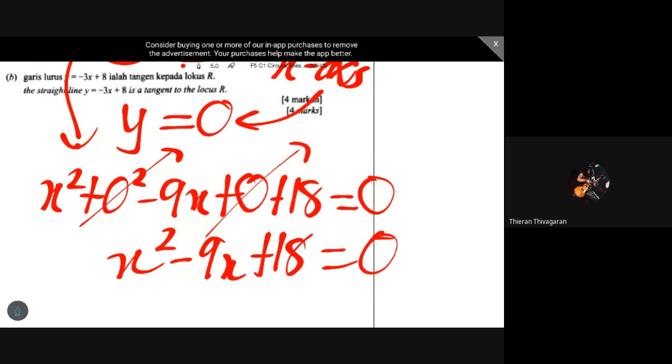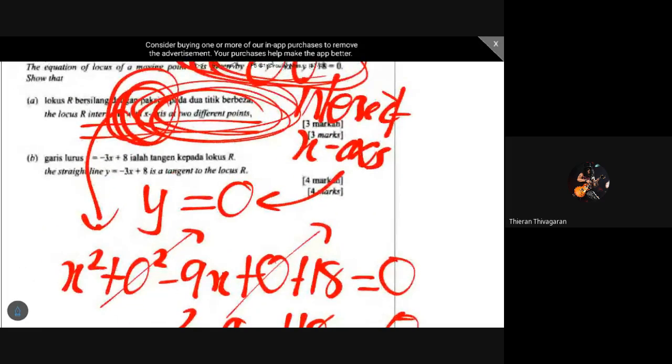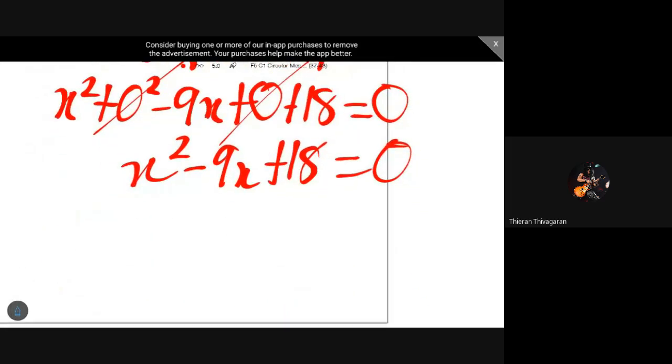So now what do I apply, guys, to show that the locus intersects two different points? Apa yang saya kena tulis? Langkah seterusnya, the next step. What to write? Factorize.